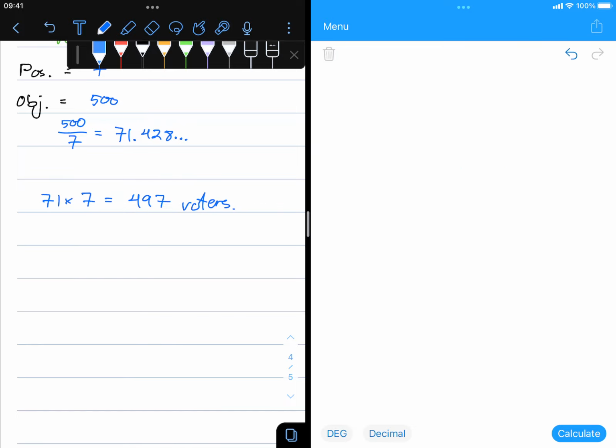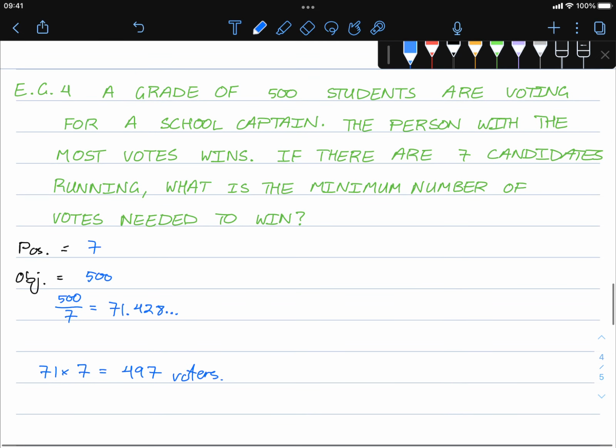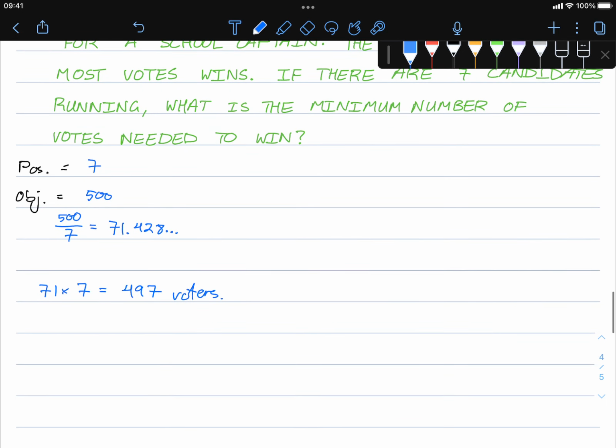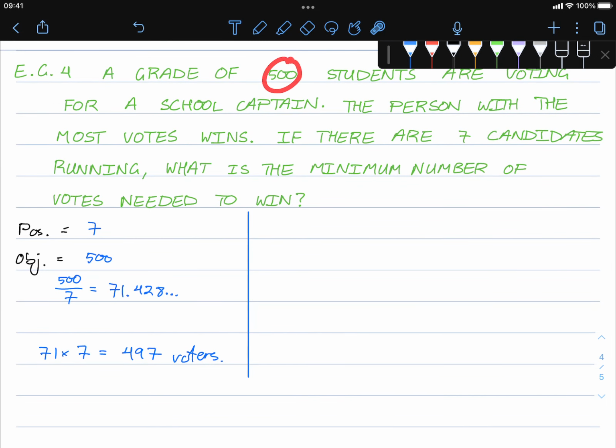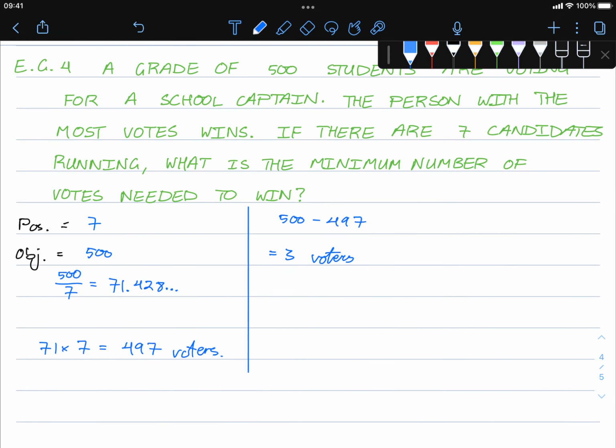So if we had exactly 497 voters, and they all voted equally amongst the 7 different candidates, this would give a tie. Well, clearly, I hope you can see, 500 take away 497, there are 3 voters. 3 voters would actually decide who wins.